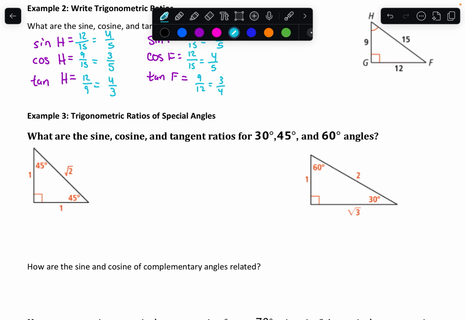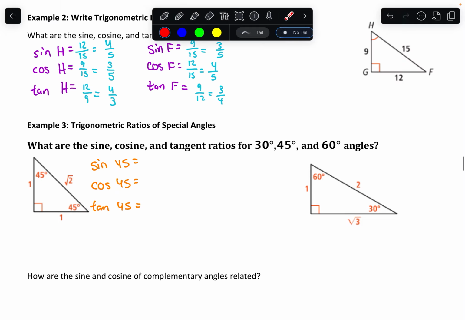So first we'll look at this 45, 45, 90 triangle, and we'll calculate the sine of 45, the cosine of 45, and the tangent of 45. If I'm standing on the 45 degree angle, I could be standing on this angle or this angle, it doesn't matter. For sine of 45 degrees, I've got opposite over hypotenuse. So 1 over the square root of 2.